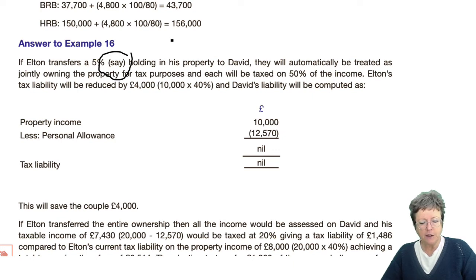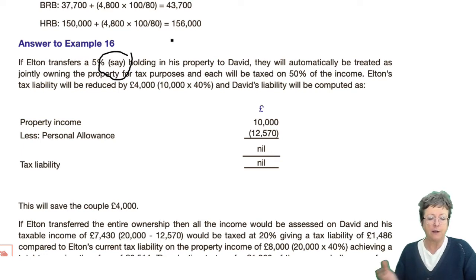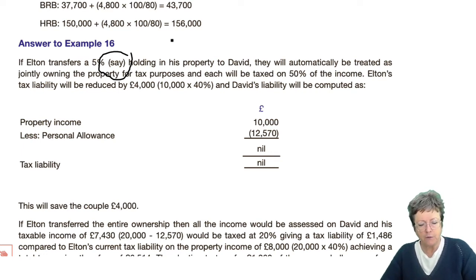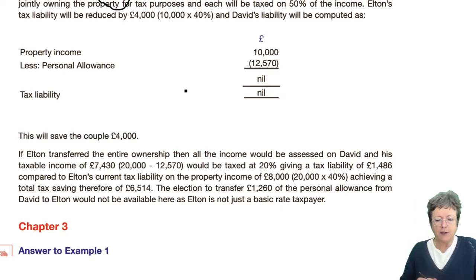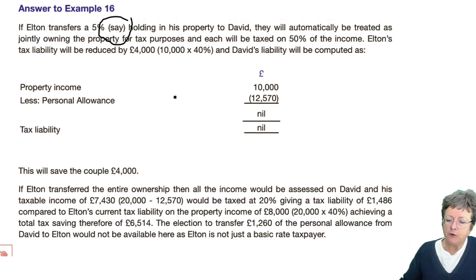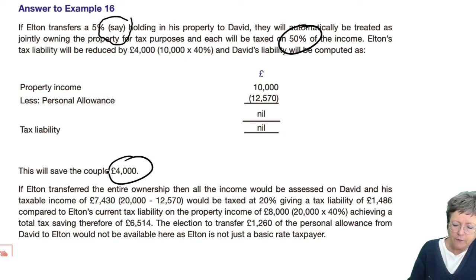Elton's liability would be reduced by 10,000 at 40% because the income was 20,000. And then David's income tax liability, he's not going to pay any tax on it at all because it's covered by his personal allowance. And it would save them 4,000. If they transferred so either do 50-50, and that saves them 4,000.